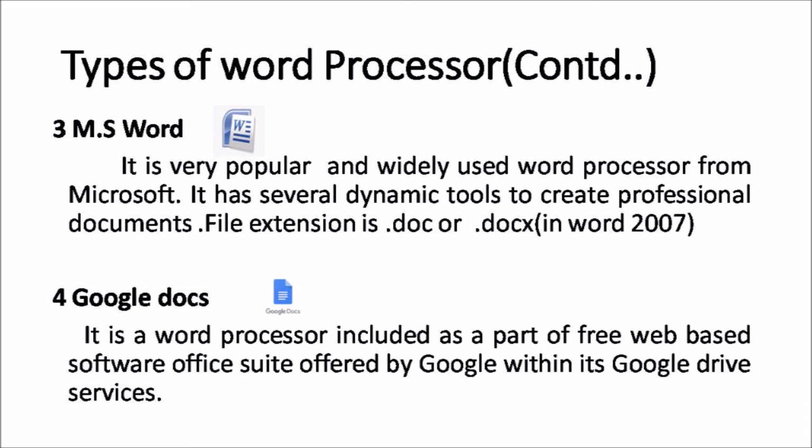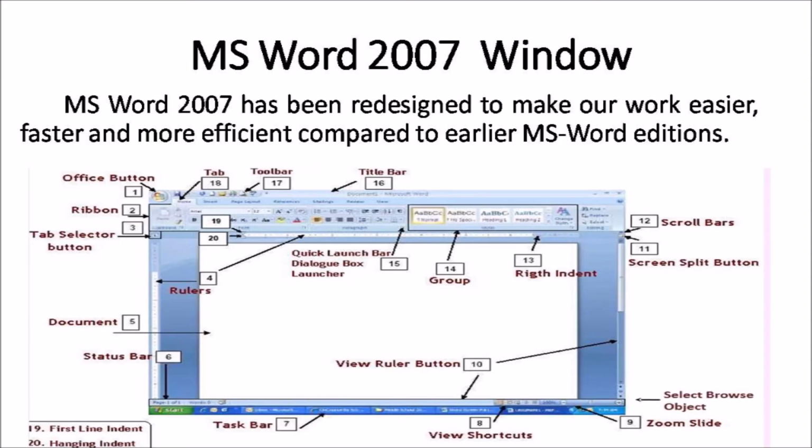The next type is Google Docs. It is a word processor included as a part of a free web-based software office suite offered by Google within its Google Drive services. Now we are viewing the MS Word 2007 window. The areas of the window are labeled and each label is given some numbers for the sake of understanding.